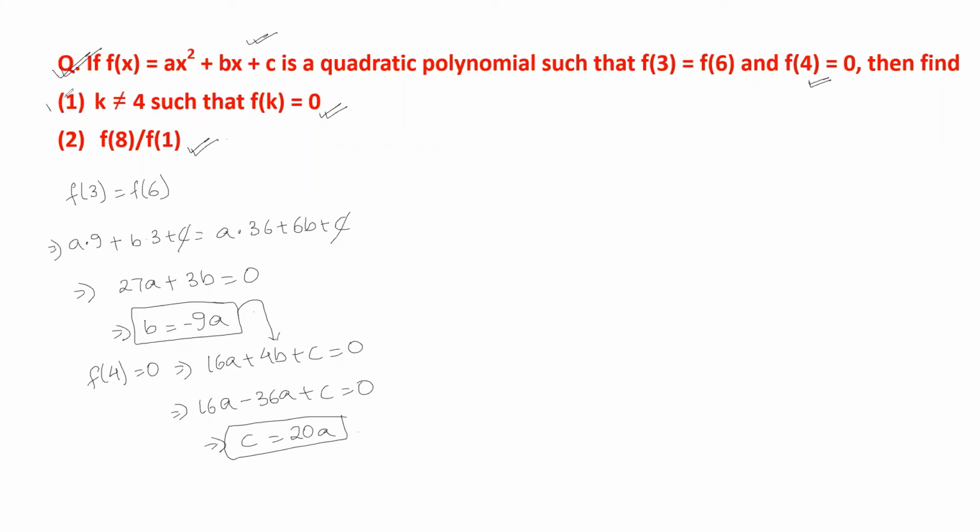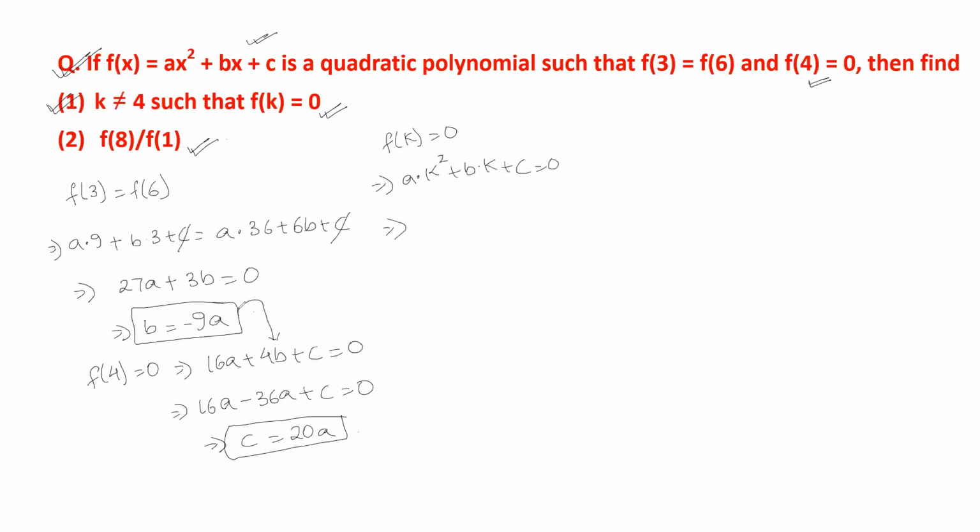Now, for the first part, we need to find the value of k such that f(k) would be 0 and k is not equal to 4. So if f(k) would be equal to 0, we can write a into k square plus b into k plus c equal to 0.